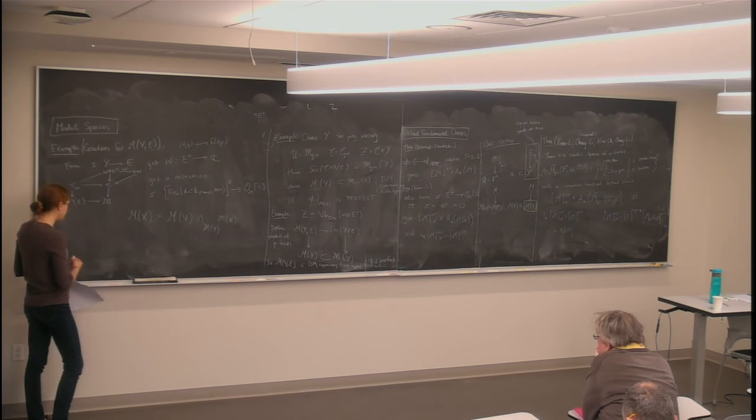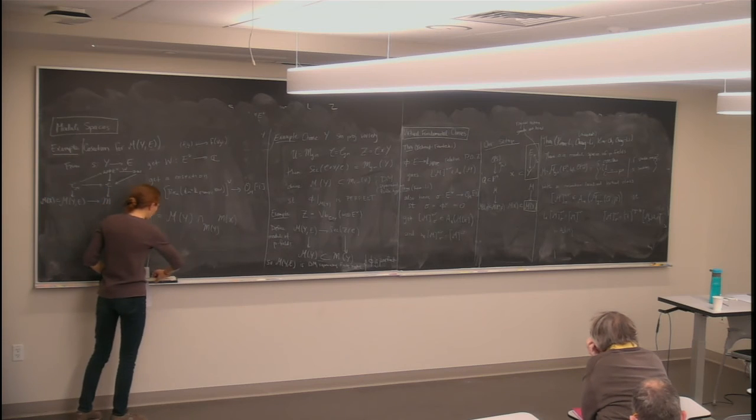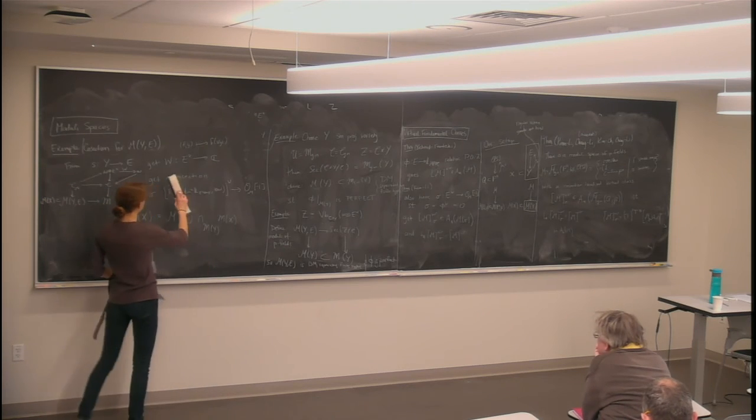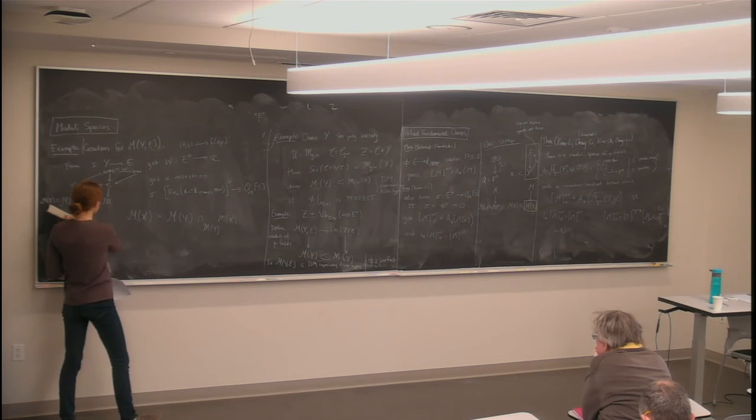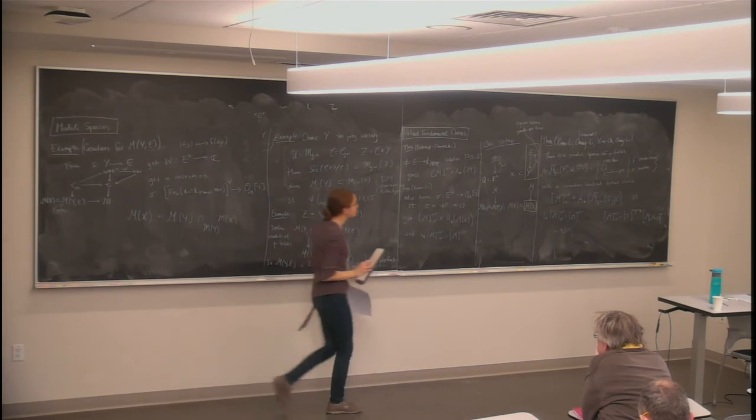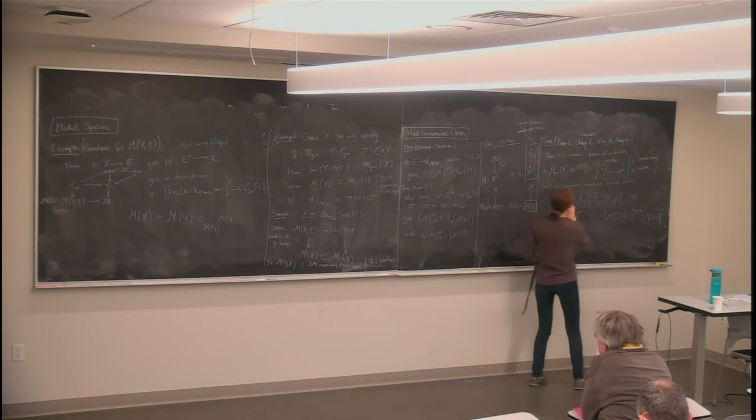And that is not exactly trivial to work out, and that's part of our theorem, that the degeneracy locus of this cosection is M_X. So I'm going to write down our theorem now.